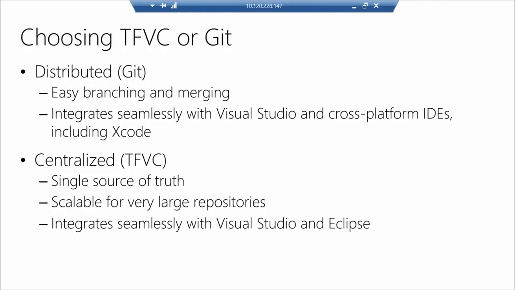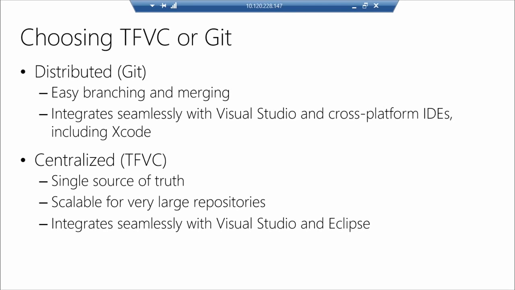First, you've got to pick what you're going to use. In determining whether or not you should use Team Foundation version control or Git, which are two different version control paradigms, both available to you in Visual Studio Online, you need to know a few things. First, Git is a distributed version control with very easy branching and merging.